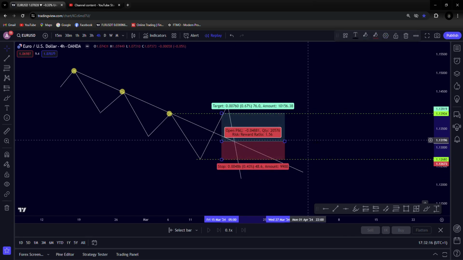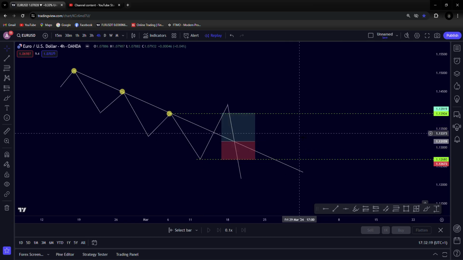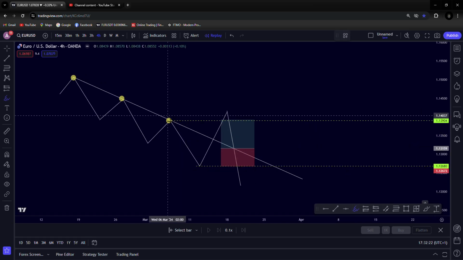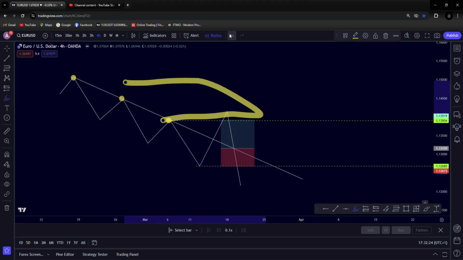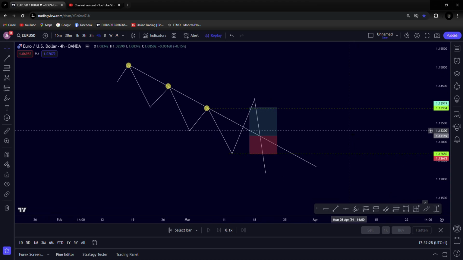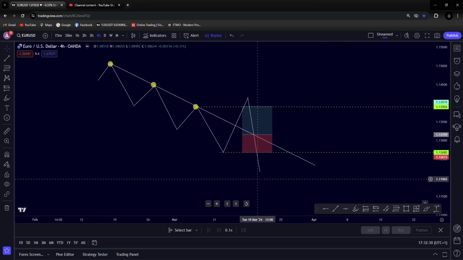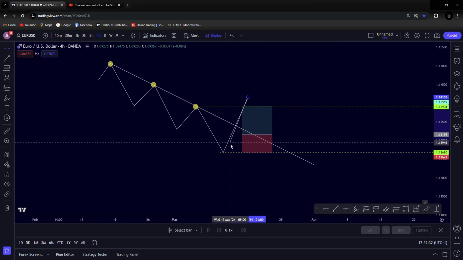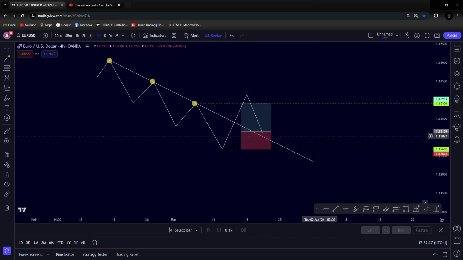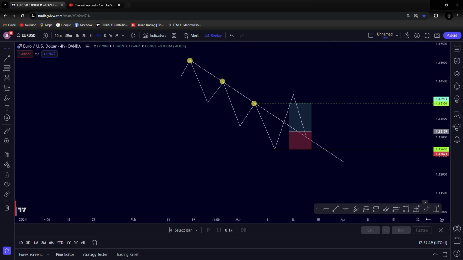So hopefully you understand what I'm trying to say, because the big guys who are making these markets, they know where the liquidity is, and this is the most important thing to understand, how to see liquidity. Because when the price breaks up, before it comes to retest a trend line, you have to think about that.